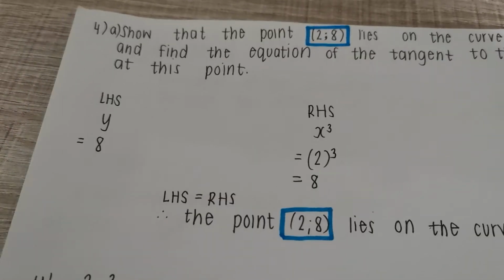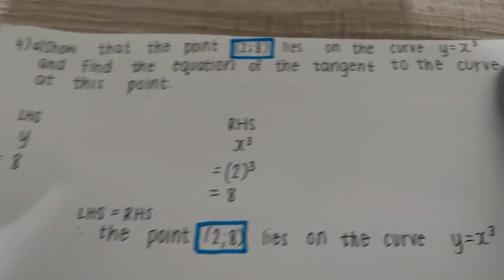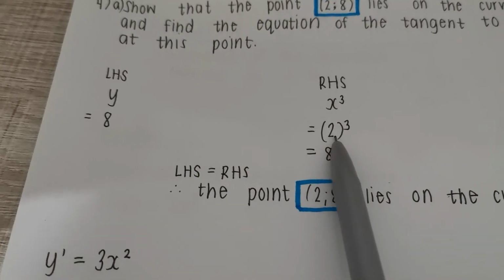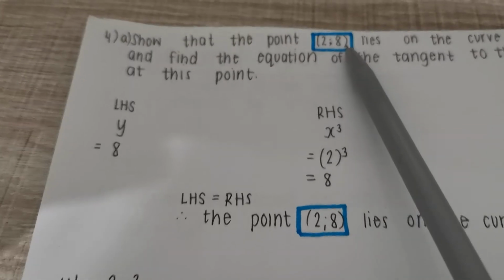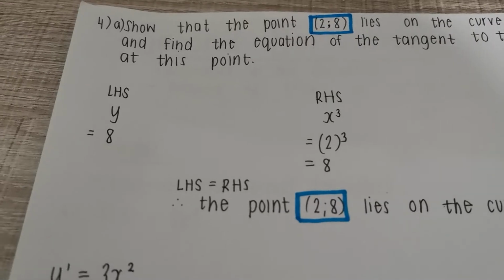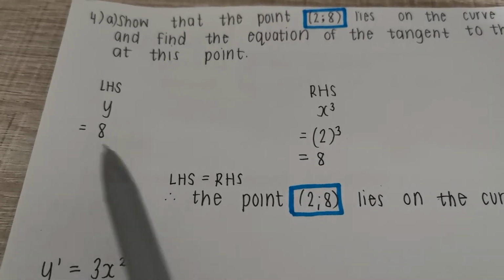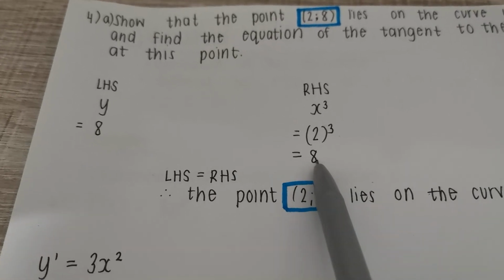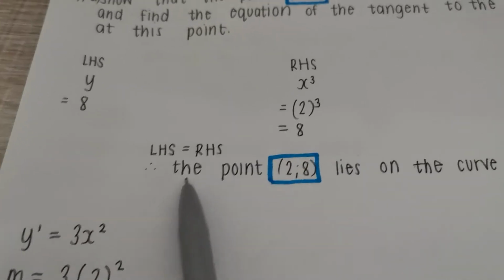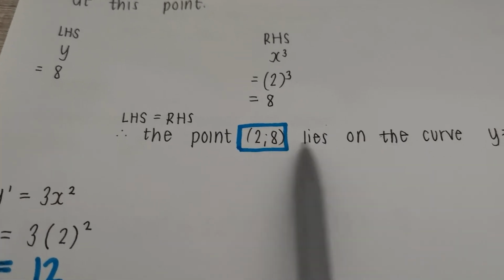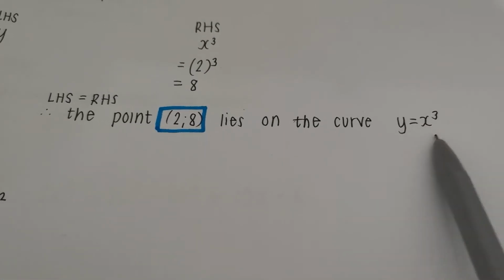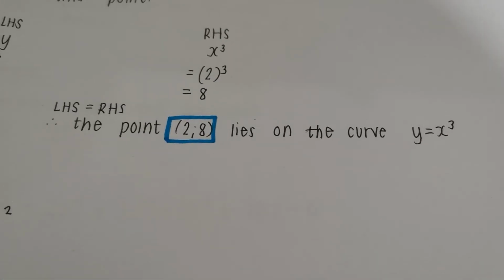It's the easiest way to prove something. So I took this equation over here, split it up. There's my left hand side and right hand side. I then took the x and y and subbed them into their relevant places, and you see how my left hand side is equal to my right hand side. Therefore, the point (2, 8) actually lies on this curve y equals 2x to the power of 3.